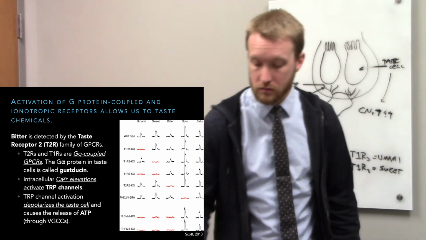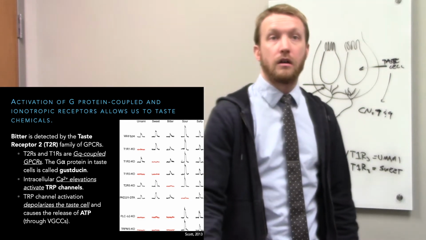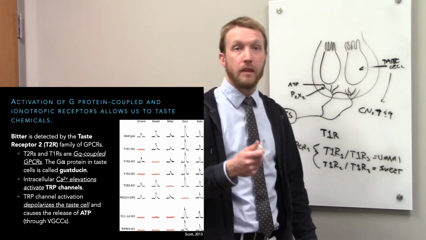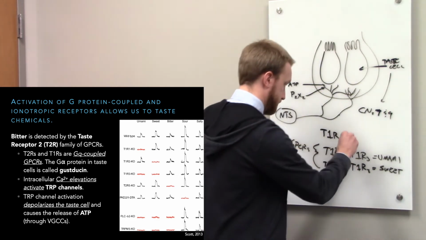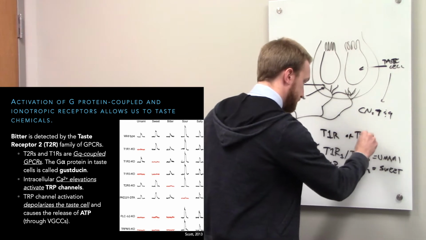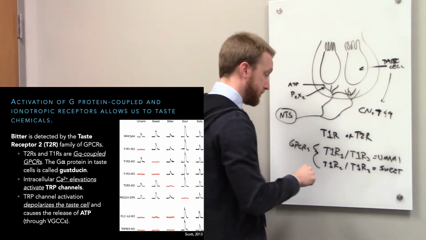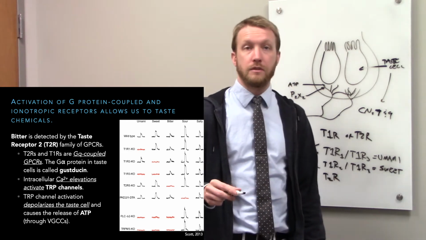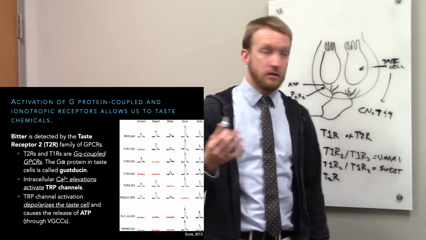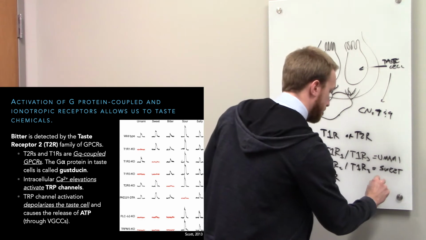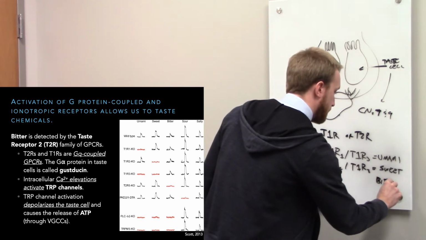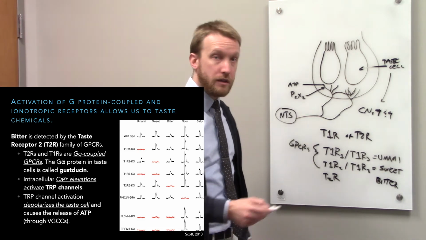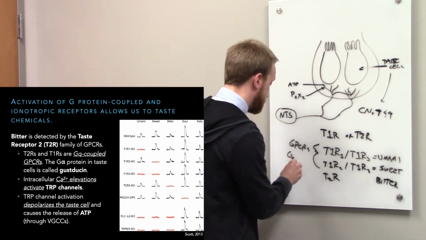T2 taste receptors are going to detect bitters in this case. So, these are all G protein coupled receptors. So the T2 receptor family is going to create the bitter. Now, in each case, our taste receptor family, these are going to be GQ coupled.